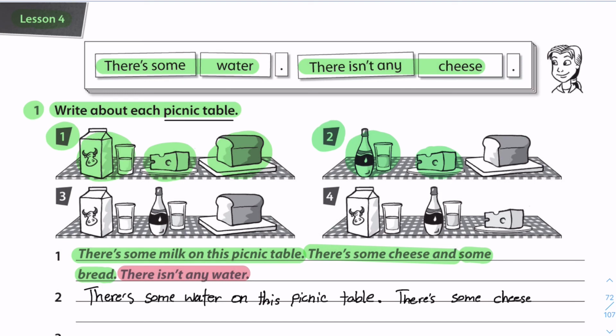And bread on the right hand side of picnic table number 2. We can see some bread. Now let's think, what's missing in picnic table number 2? So we've got water, we've got cheese, and we've got some bread. But we haven't got any milk. So we write, there isn't any milk.